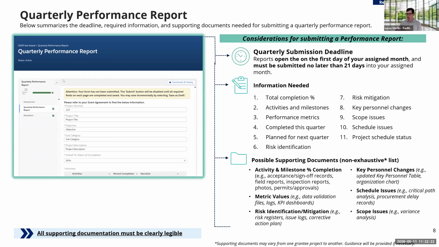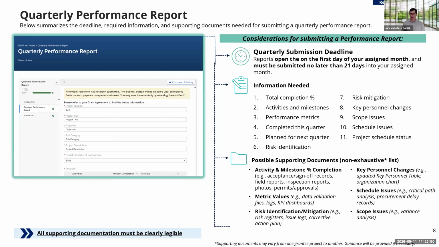So you can see here the information we're looking to gather from you all is the total completion percentage, where you're at as it relates to those activities and milestones that again are enumerated in your project planning documents, as well as now or post execution within your grant agreement documents, where you're at related to the performance metrics, what you've completed this quarter, and what you're planning to do next quarter.